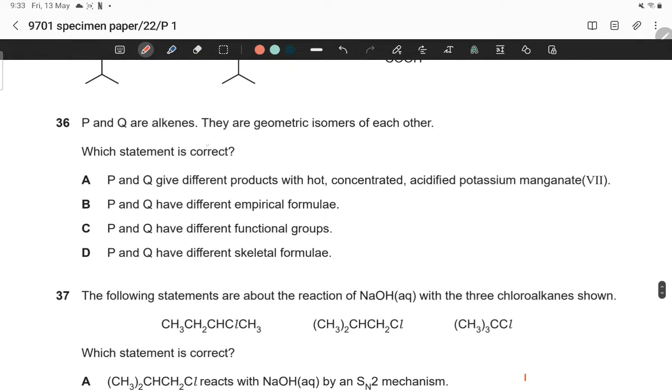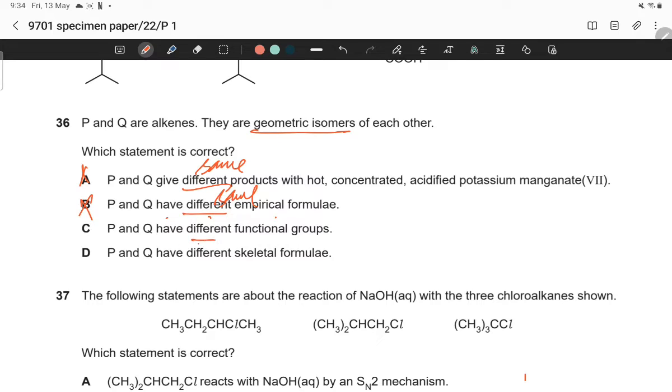P and Q are alkenes. They are geometric isomers. Which statement is correct? P and Q give different products? Not different, if they are isomers of each other, they give the same products with hot concentrated acidified potassium manganate. P and Q have different empirical formula? No, P and Q have the same formula, so it is incorrect.